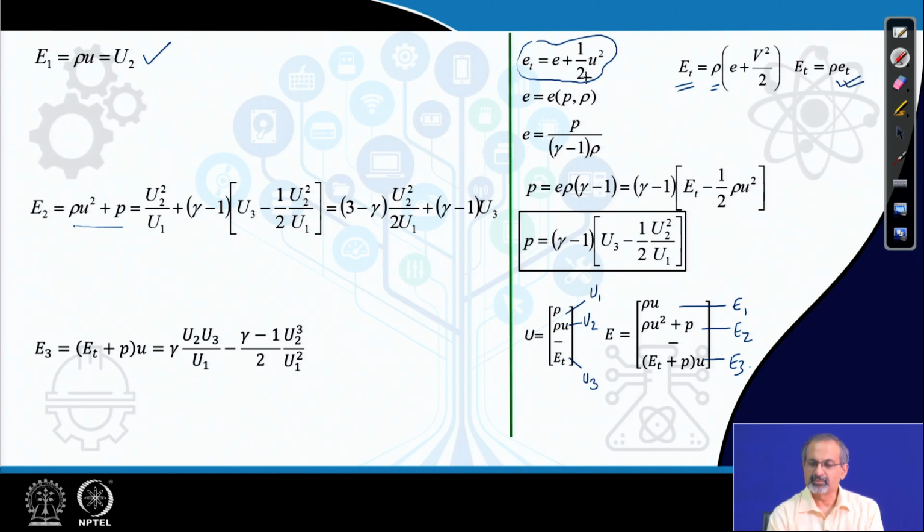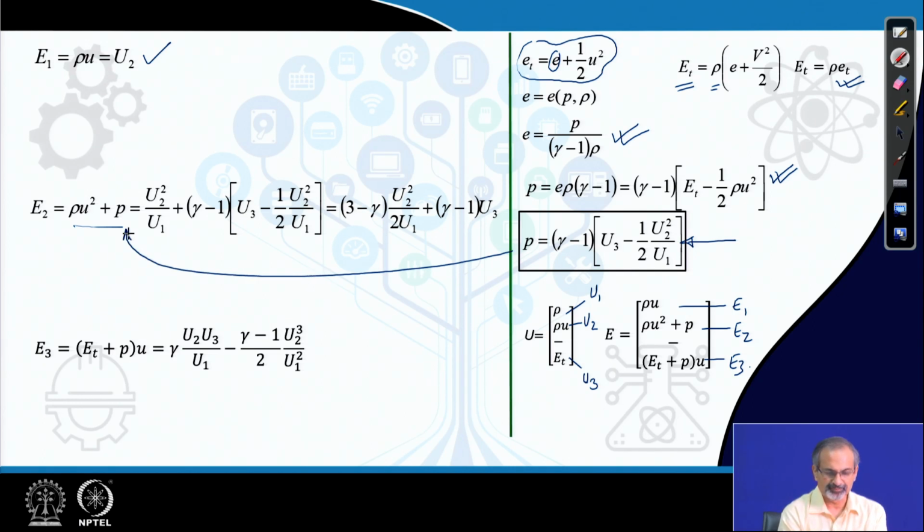And then we express e, the internal energy, as a function of p by rho through the equation of state. This is one of the possible forms of the perfect gas equation of state, and thereby you are finally able to take it to a form where you can express p in terms of the different components of U. So, that is what is fed back over here.